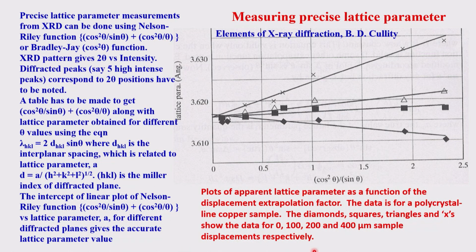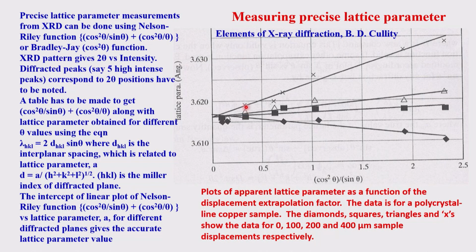This is done for 4 different particle sizes: 0, which basically means nanometer size, then 100 micron, 200 micron, and 400 micrometer samples, and for each of these you do several reflections.